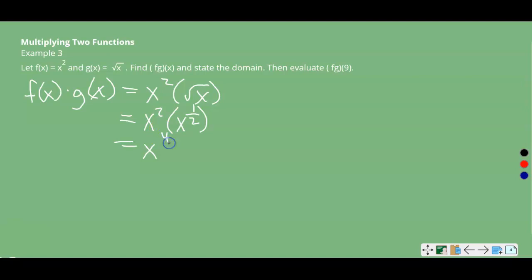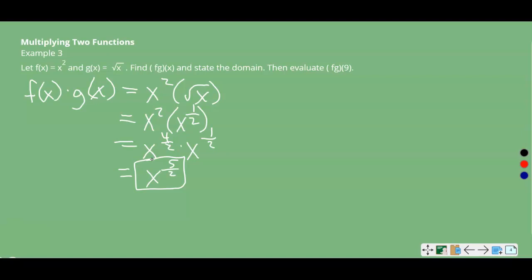So hopefully you agree that 4 over 2 equals 2. All we're doing is rewriting this so it'll have a common denominator. And then x to the 1/2. So again, same base. We add exponents. 4 plus 1 is 5 over 2. And that would be our simplified expression here. So that would be f times g of x.